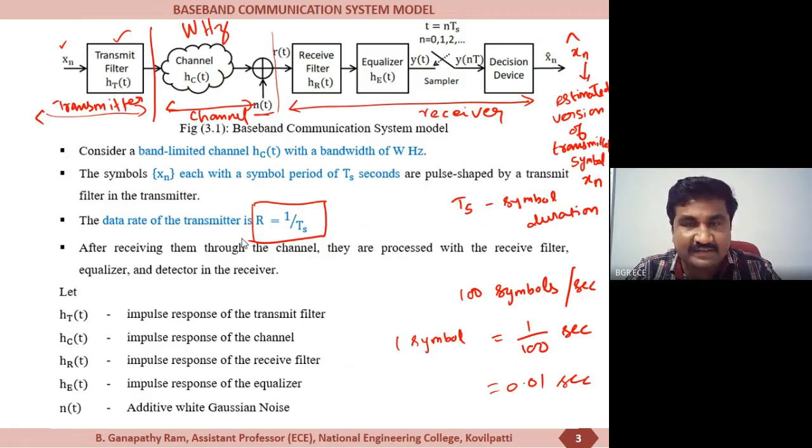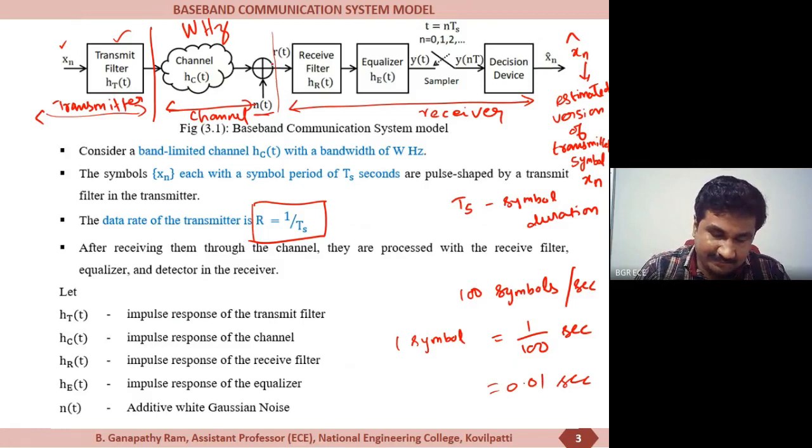The first block is the receive filter, whose impulse response is Hr of t, and then the equalization filter, whose impulse response is He of t, and then a sampler, which is used to sample at the time instant t equal to n into Ts, where n is a non-negative integer starting from 0, 1, 2, and going up to the total number of symbols that it is receiving.